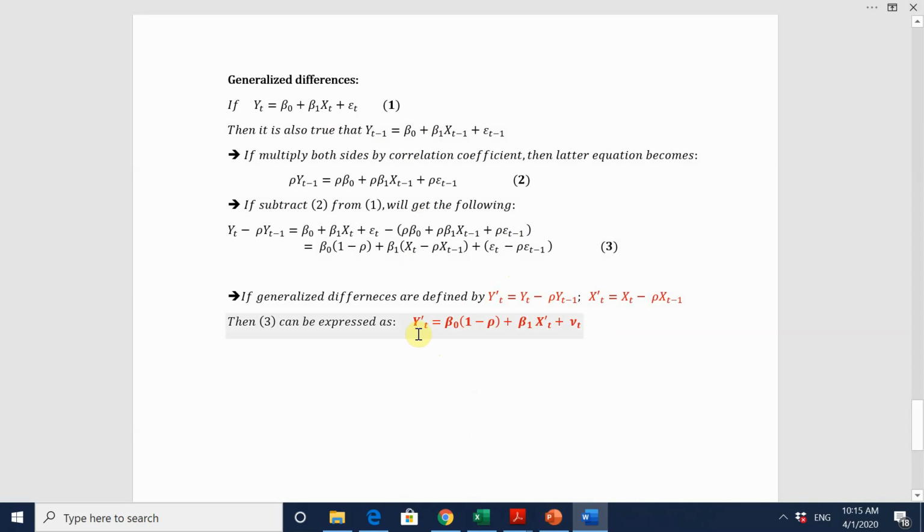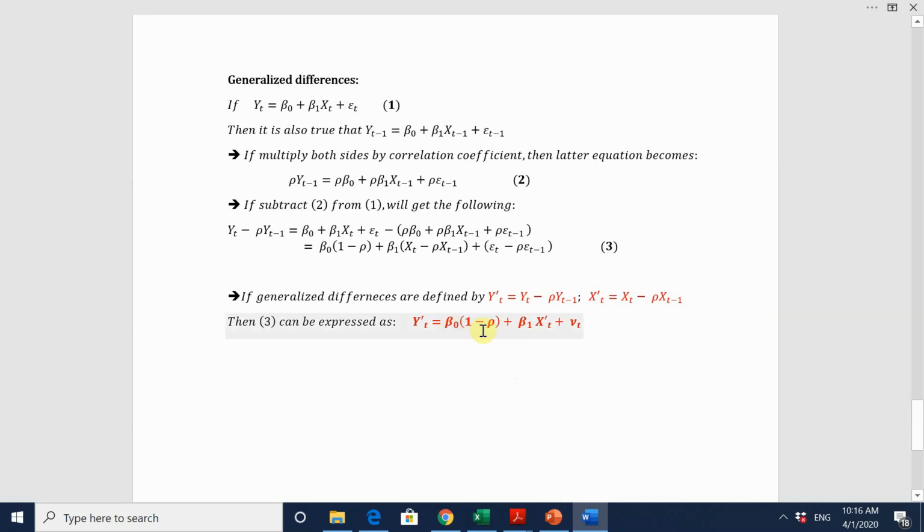Essentially, when we have no correlation in our residuals, rho equals 0.